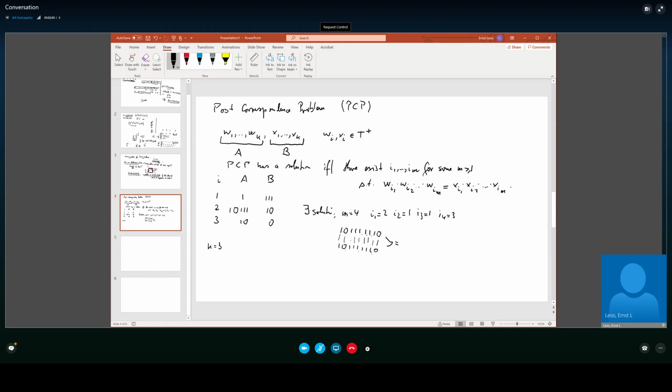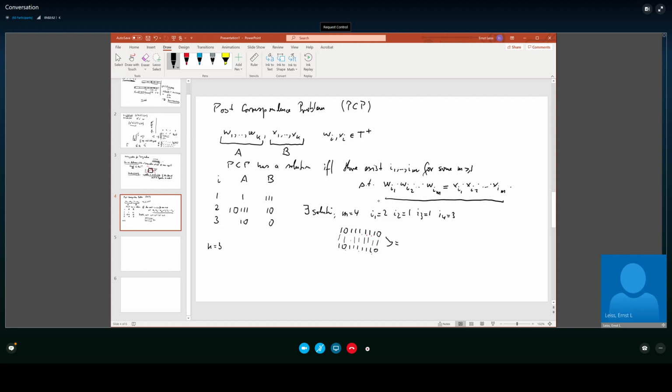So in this particular case, this instance of the Post Correspondence Problem has a solution because there exist indices, in this case 4, I1, I2, I3, I4, so that if I grab the corresponding strings with the appropriate indices from list A, and I grab the corresponding strings with the same indices from list B, I'm going to get exactly the same string, which is what this says.